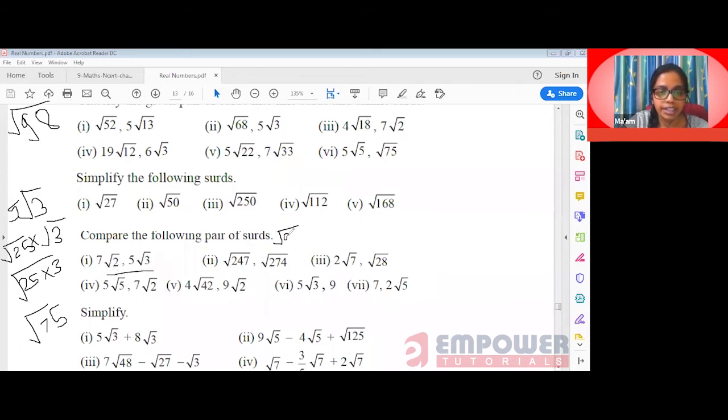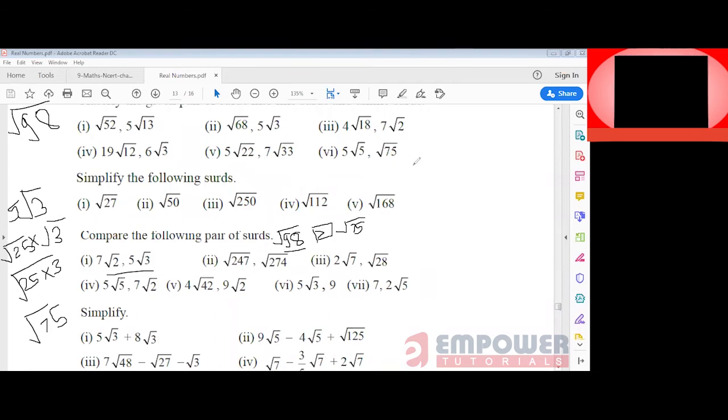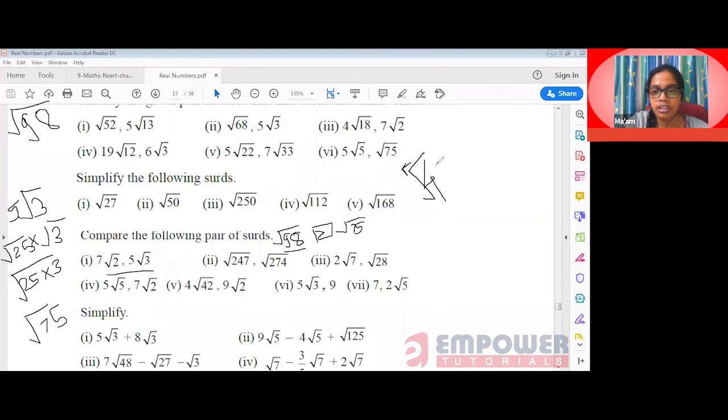So if I want to compare these two surds, one is root 98 and the other one is root 75. So which one is greater? This should be greater, right? Because this number is greater. Therefore, the square root of 98 should be greater than the square root of 75. Correct? Yes. If you see, the square root of 4 is how much? 2. And the square root of 2 is how much? 1.41, right?